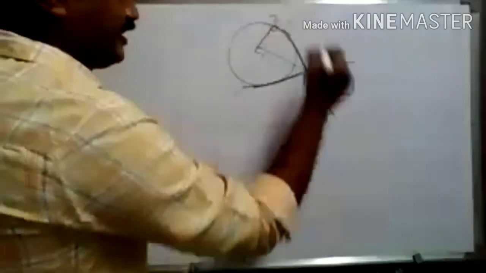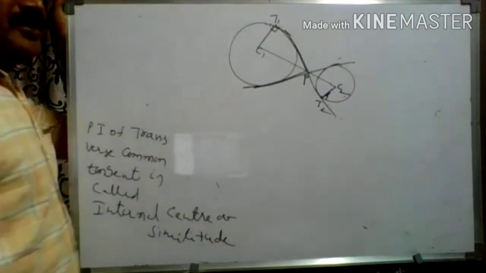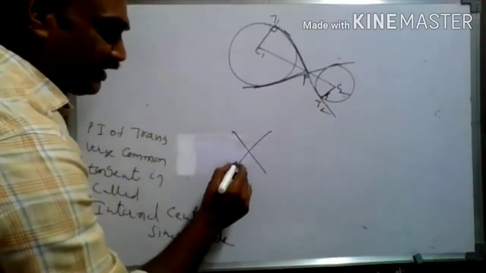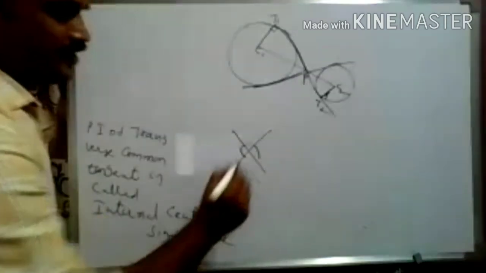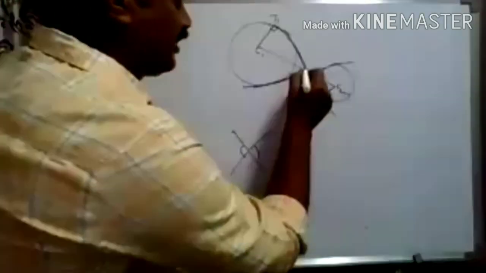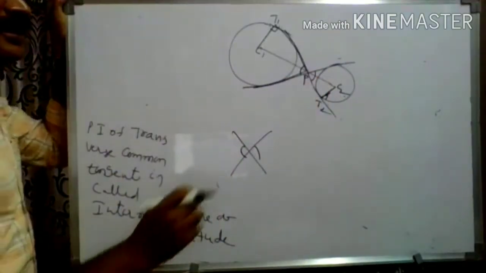Here the angle is 90 degrees, and here the angle is 90 degrees. Next, by the property, when two lines intersect, the opposite angles are equal. Therefore these angles are equal, and automatically the corresponding angles are equal.